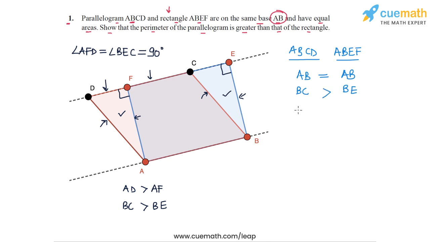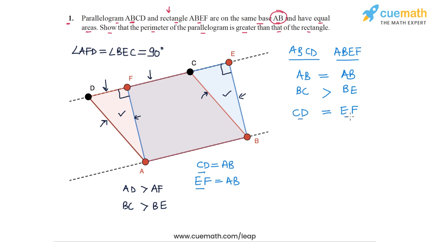Then we have CD in ABCD, and EF in ABEF, so these two are equal. And why are they equal? Well, because ABCD is a parallelogram, so CD is equal to AB, and ABEF is a rectangle, so EF is equal to AB, and hence CD and EF must also be equal to each other.